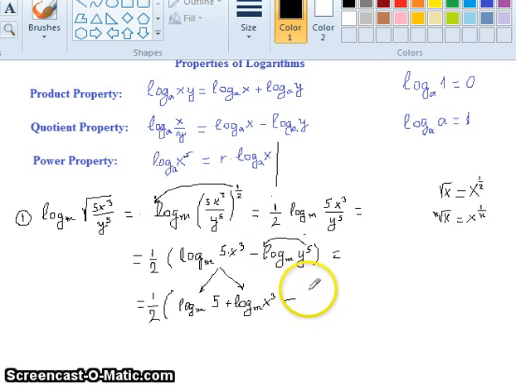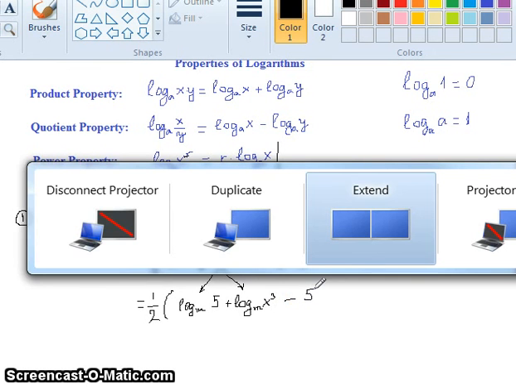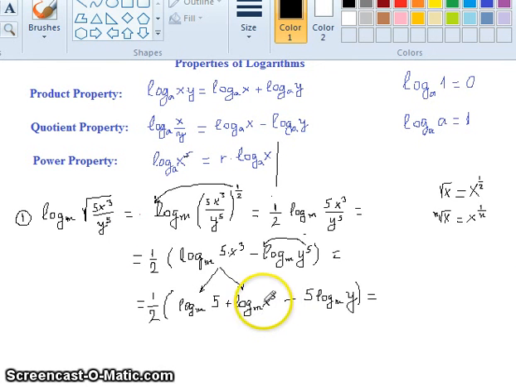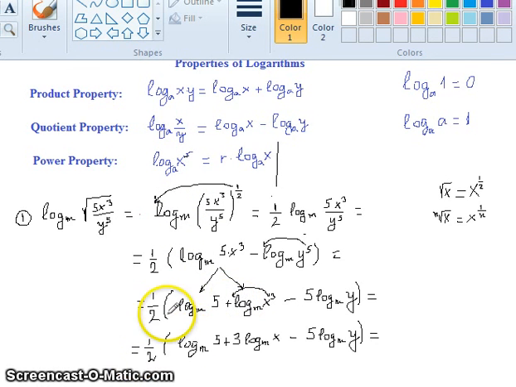So we get minus 5 log base m of y. We see another logarithm of an exponent here, so 3 can be moved in front of this logarithm after applying the power property. And we'll have 1/2 times log base m of 5 plus 3 log base m of x minus 5 log base m of y. Are we done? No, we have to distribute 1/2.